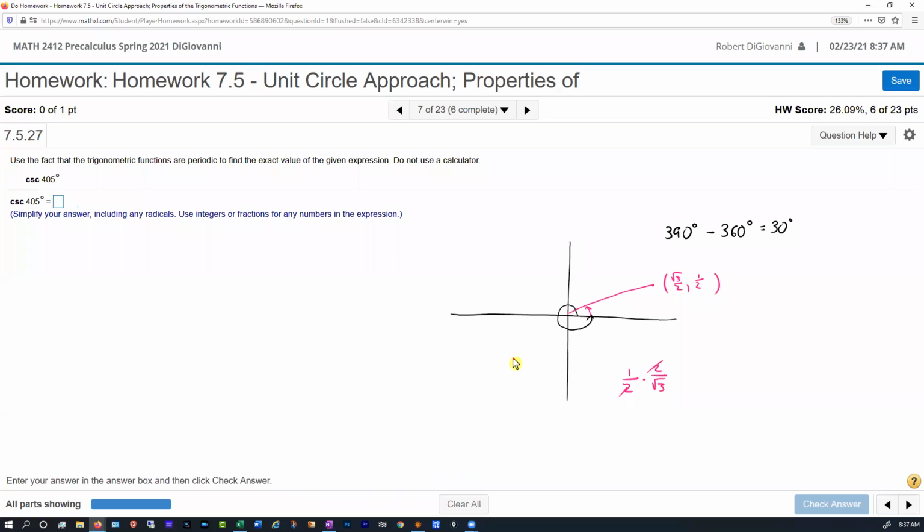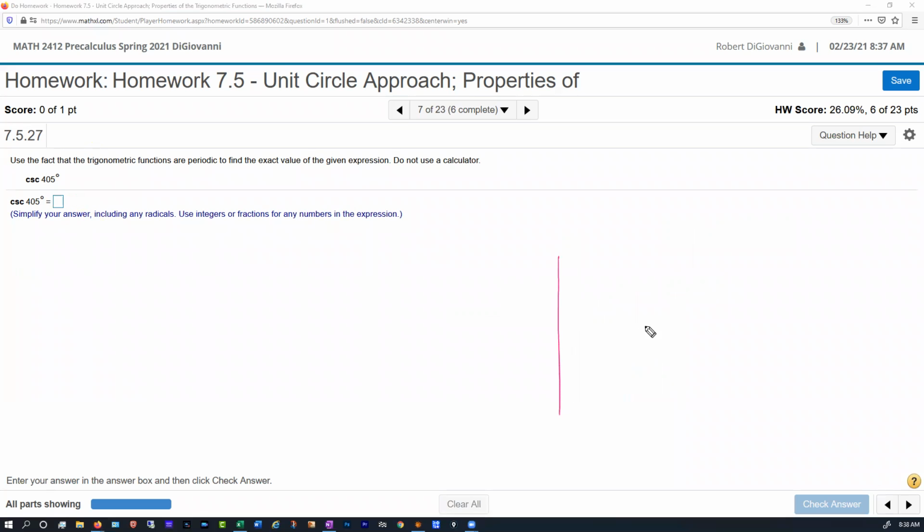Okay, same thing. Use the fact that trigonometric functions are periodic, cosecant of 405. 405, take away 360, it's 45. So we go around and come back, go 45 degrees, same story.